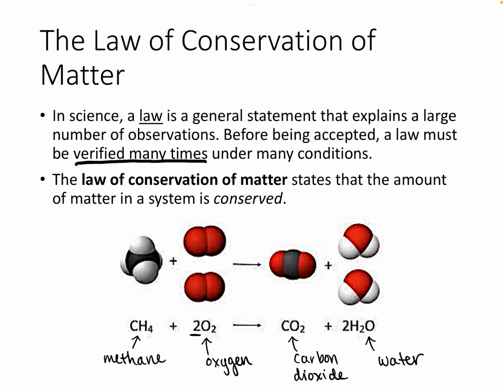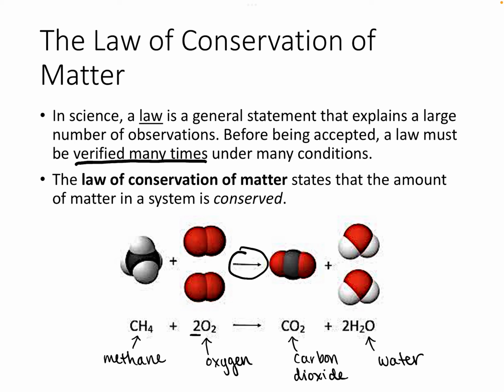Now, the reason for that is, again, we have to conserve matter in a reaction. So the atoms on the left side of this reaction arrow have to match the atoms on the right side. Now, they can rearrange and form new things, but we have to have the same number of atoms in the reactants and the products.